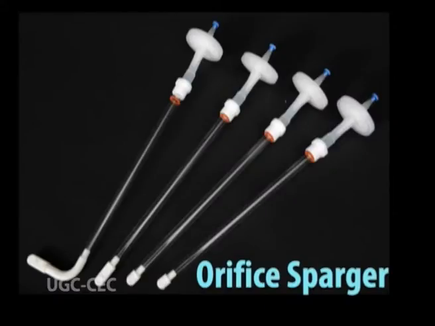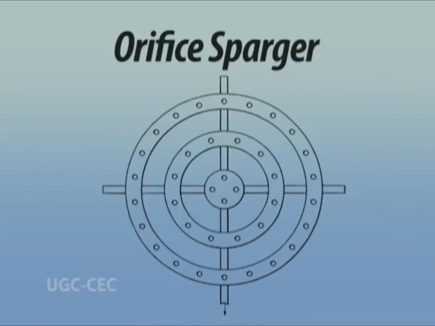Orifice sparger is used in small stirred fermenters. It is a perforated pipe kept below the impeller in the form of crosses or rings. The size should be approximately 3/4 of impeller diameter. Air holes should be drilled on the under surfaces of the tubes and the holes should be at least 6 mm diameter.